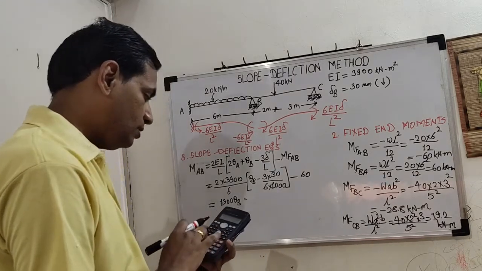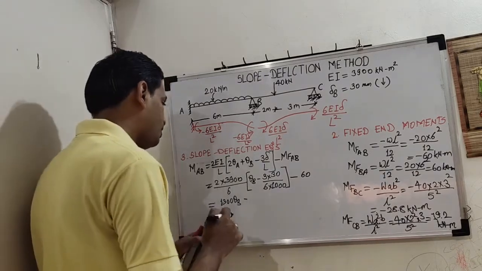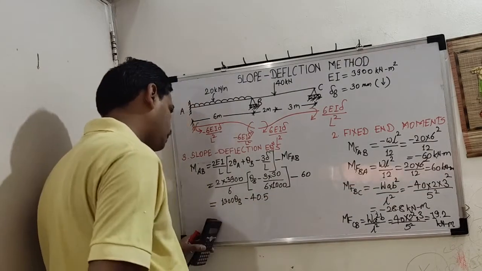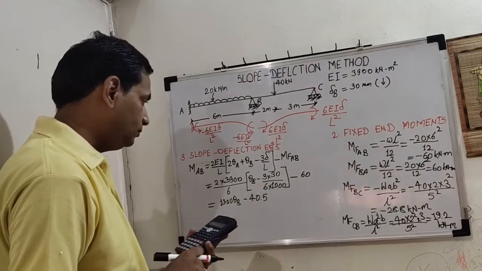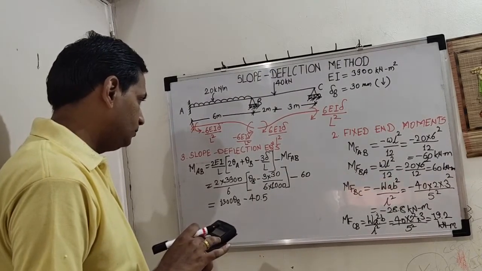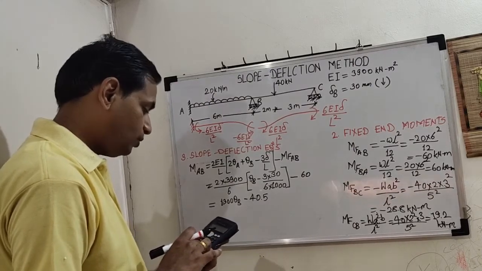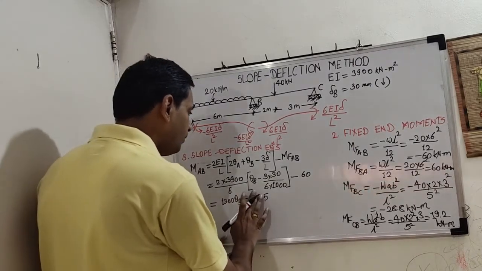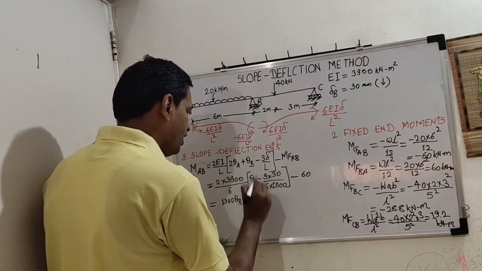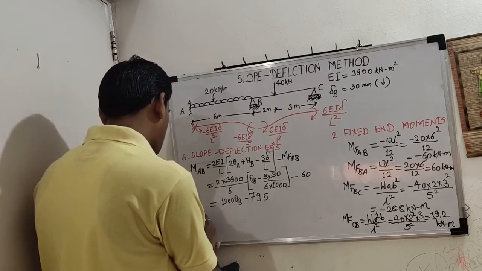Okay, and minus 60. So this is minus 40.5. Actually this is minus 79.5, minus 79.5.